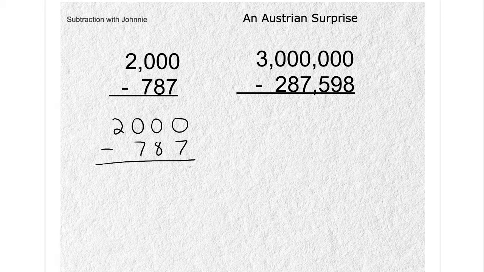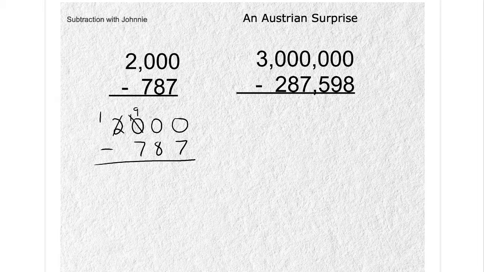Using the traditional algorithm, the zeros can't take away the numbers in the subtrahend. So we're going to regroup. We'll make this 2,000 into 1,000. We're going to give one of those to the hundreds place, making 10 hundreds, which is 1,000 also. But we need some of those for the next number, so let's make this 9 hundreds and give 100 over to the tens place.